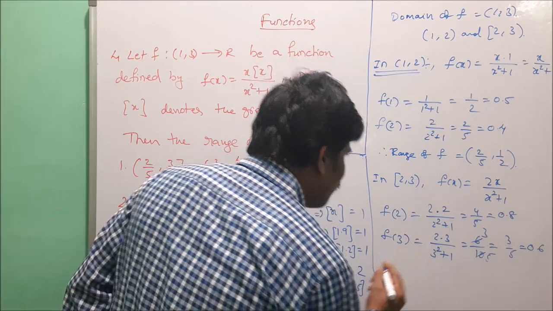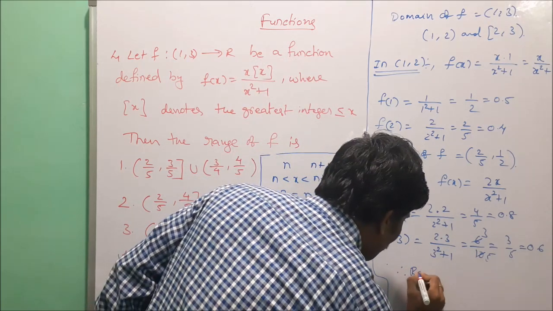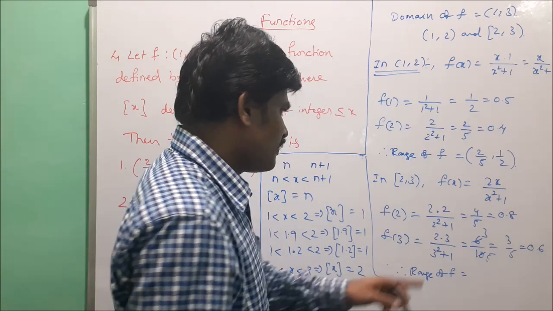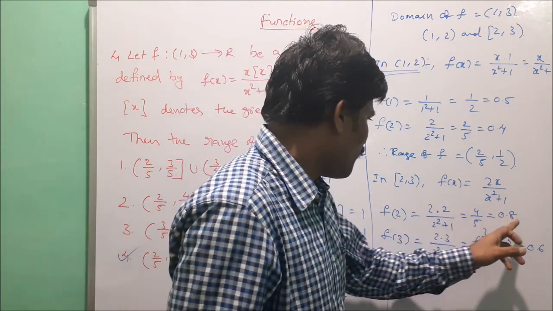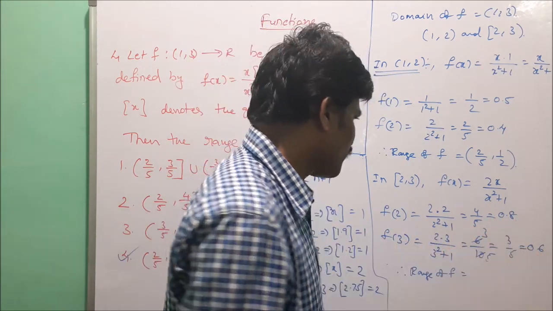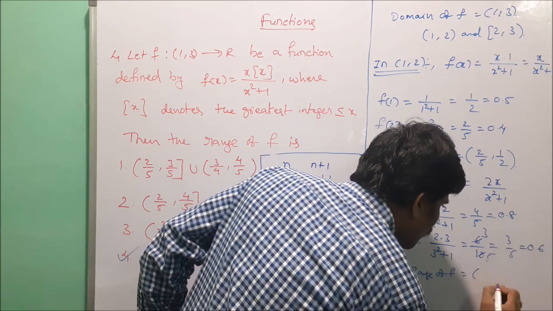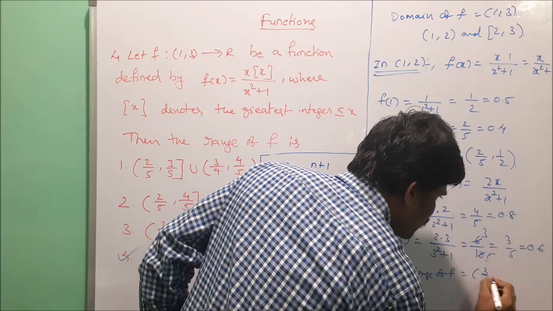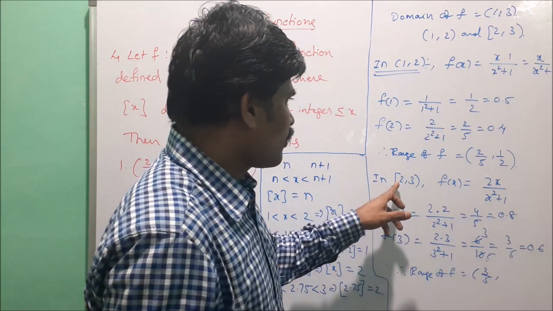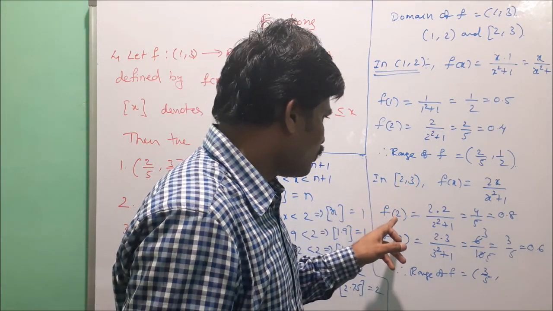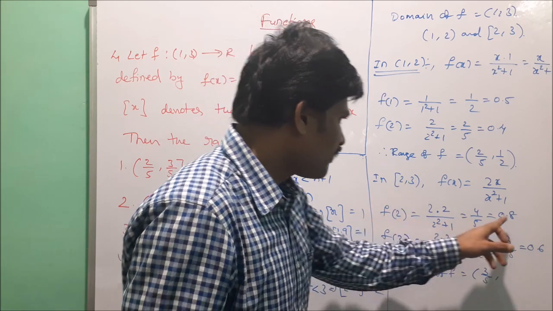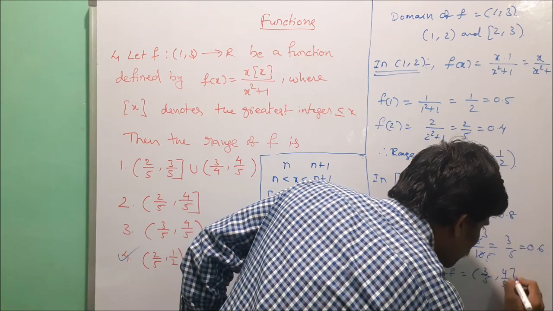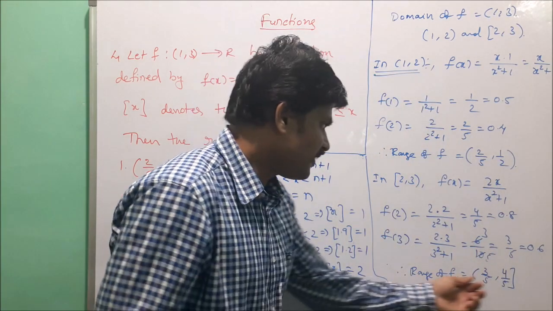Here the range of f: we observe f of 2 equals 0.8 and f of 3 equals 0.6. Open at 0.6, that is 3 by 5. Closed at 2, the value is 0.8, that is 4 by 5. Here we take a closed interval. So this is the range.